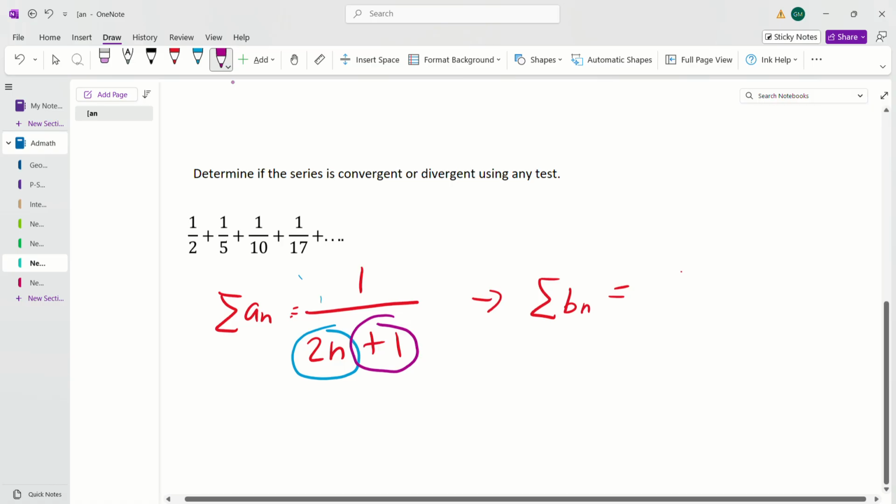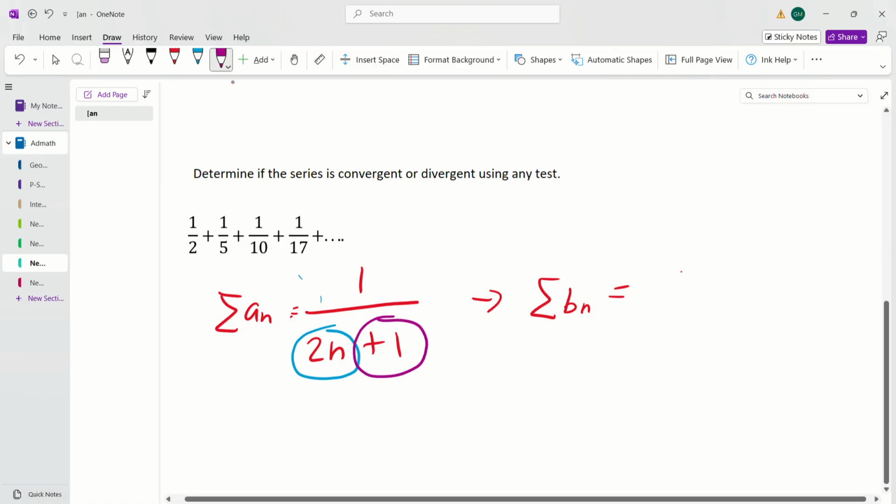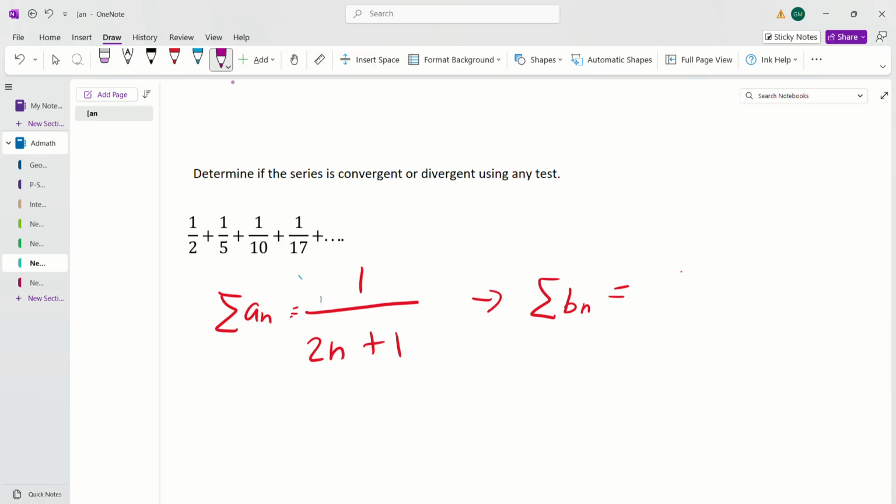By analyzing the behavior as n gets bigger, this plus 1 can be disregarded. And from that idea, we can say that our summation of b sub n is equal to 1 over 2n.